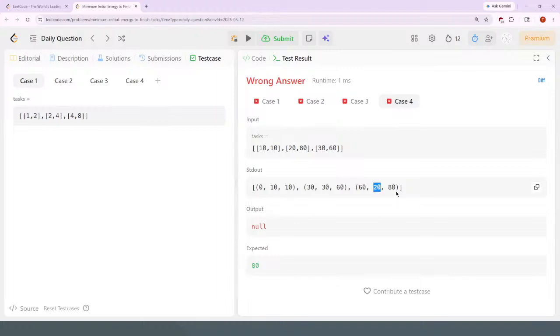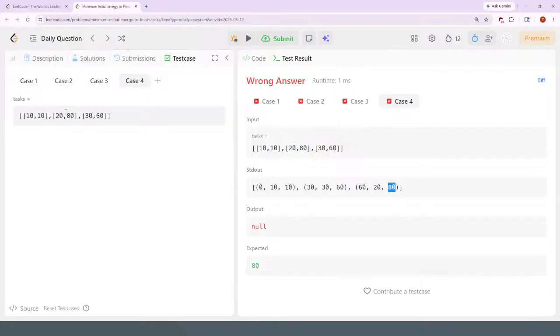No, 80, 20. So I'm at 60 energy. I don't think it's because I'm adding 20 to get 80 here.